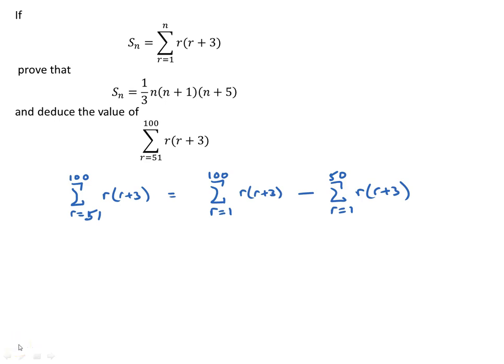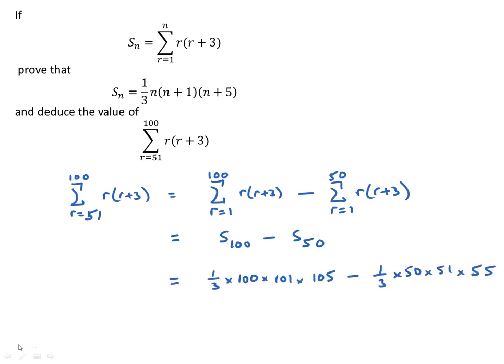So what we've got is S100 take away S50. In other words, we've got 1/3 times 100 times 101 times 105, take away 1/3 times 50 times 51 times 55, which gives me a final total of 306,750.